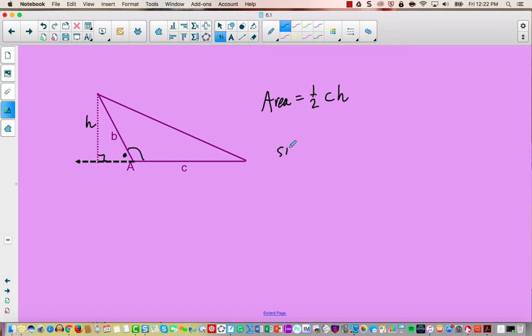So the sine of A is once again H over B. And once again, I can make that same substitution that H is B sine A, so that area equals 1/2 CB sine A. It's the same exact result, even if I have an obtuse triangle.